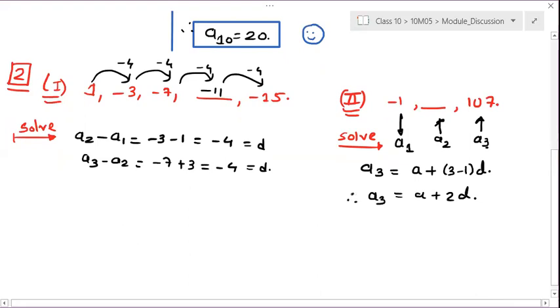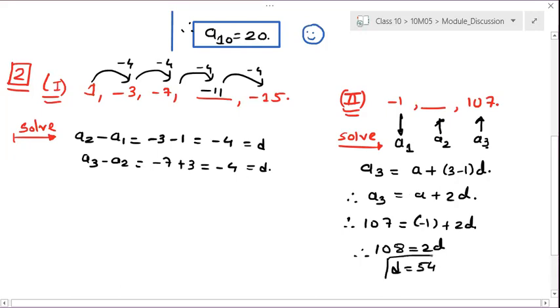So A3 is equal to A plus 2D. Chalo, so A3 equals 107. Your A is -1, plus 2D. -1 will come to this side. It will become +1. So 108 equals 2D. So D equals 54, or not?